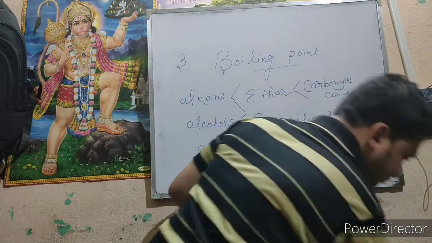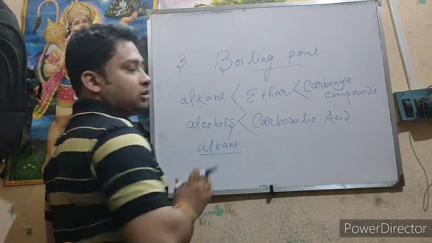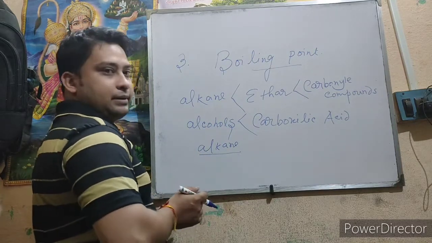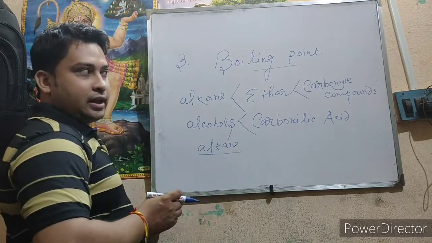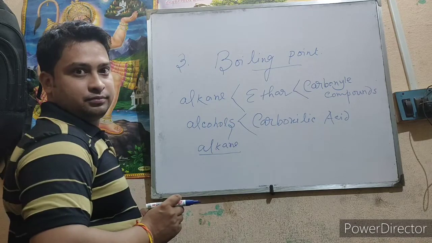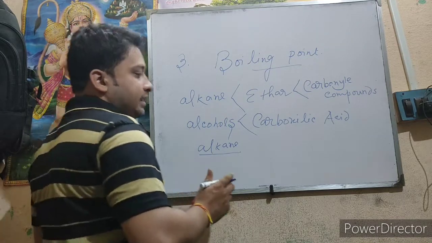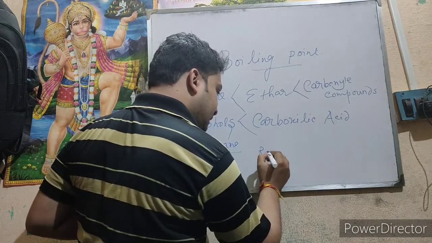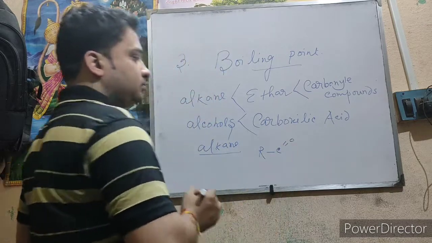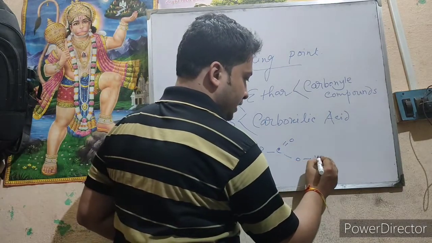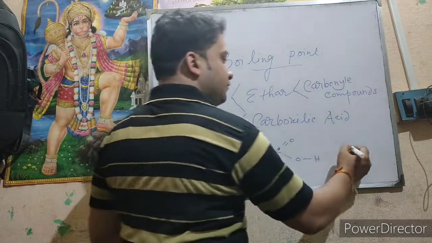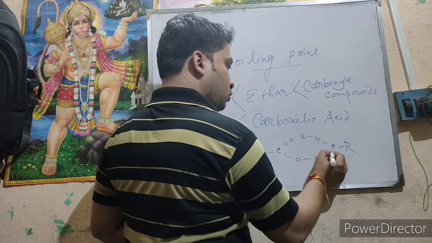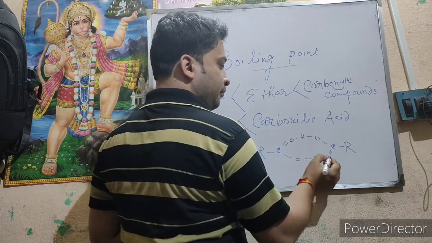The reason is the hydrogen bond. The hydrogen bond in alcohols is weaker than in carboxylic acids because carboxylic acids can form a dimer. How can it form a dimer? If you take acetic acid, RC double bond OH, it forms hydrogen bonds between two molecules.